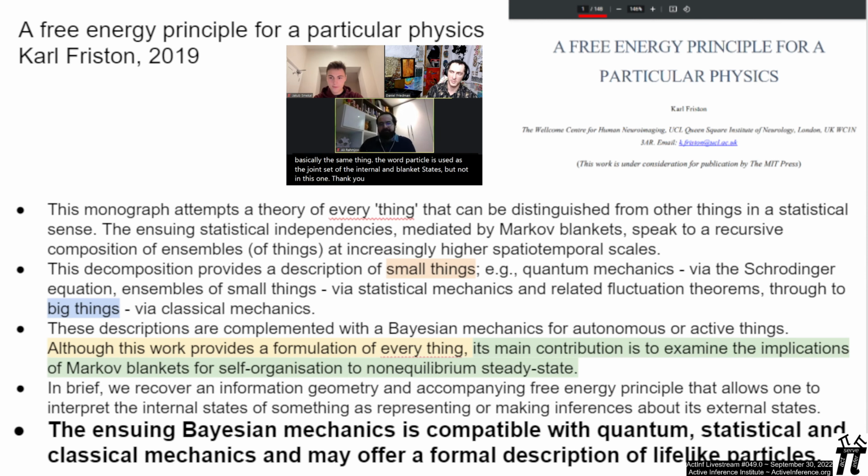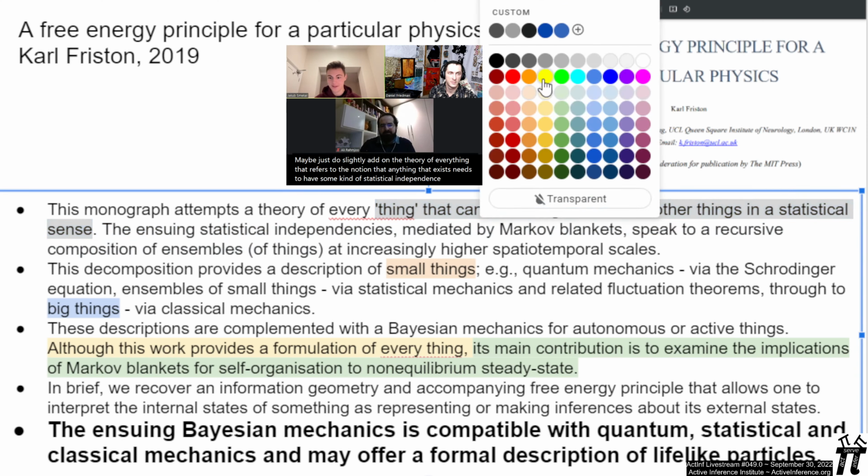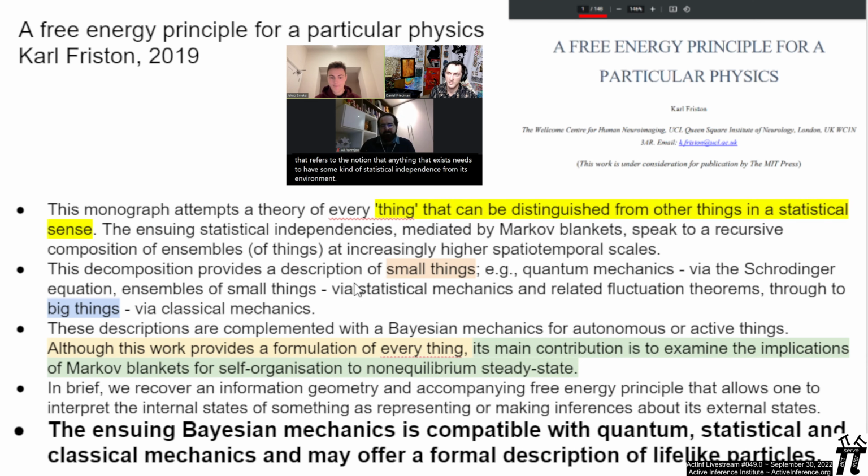Thank you. Jakob, want to add anything on the paper? Maybe just to slightly add on the theory of everything, that refers to the notion that anything that exists needs to have some kind of statistical independence from its environment, which constitutes a Markov blanket.